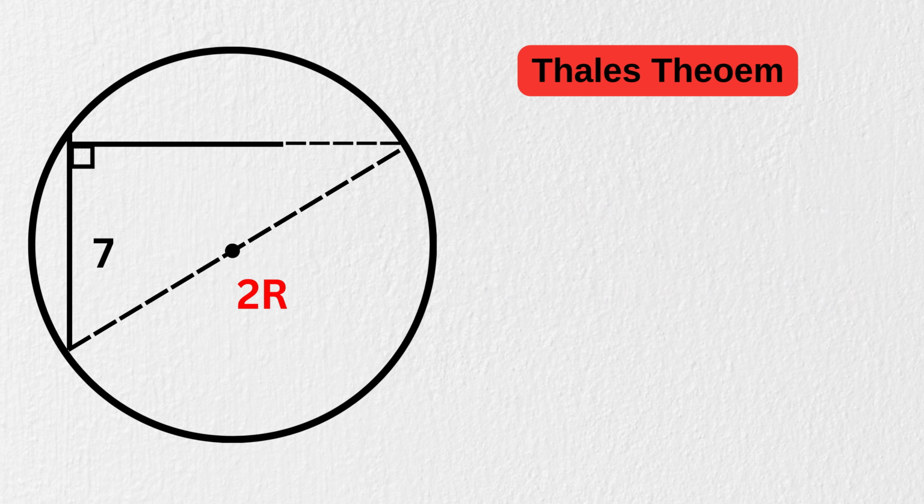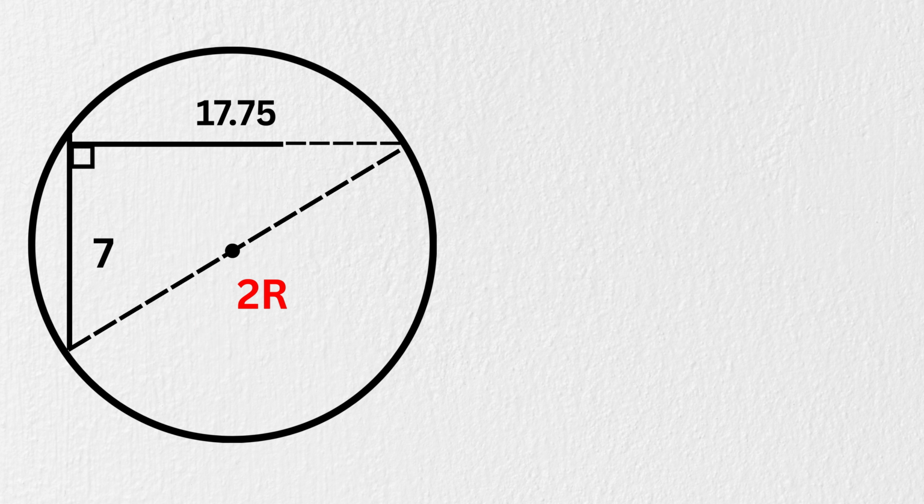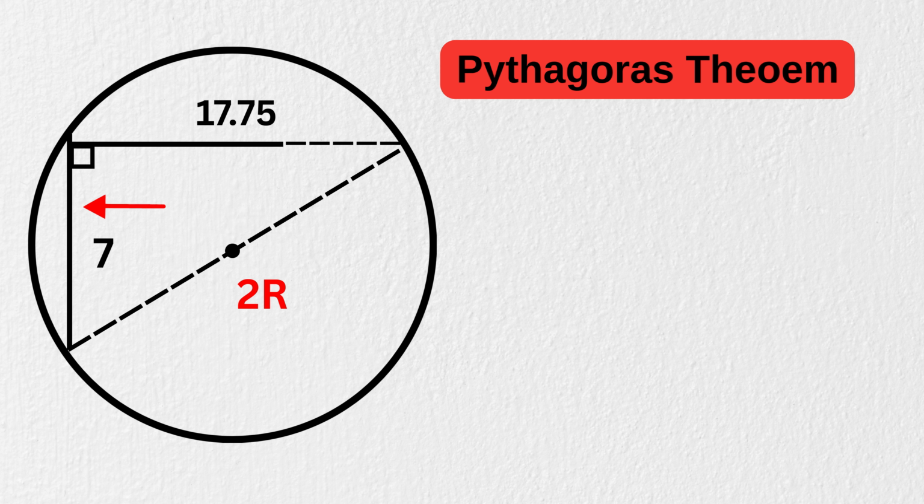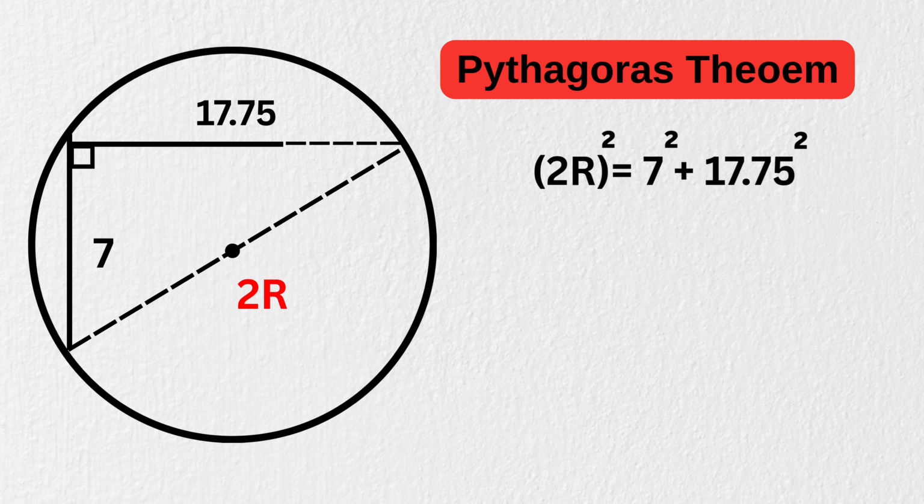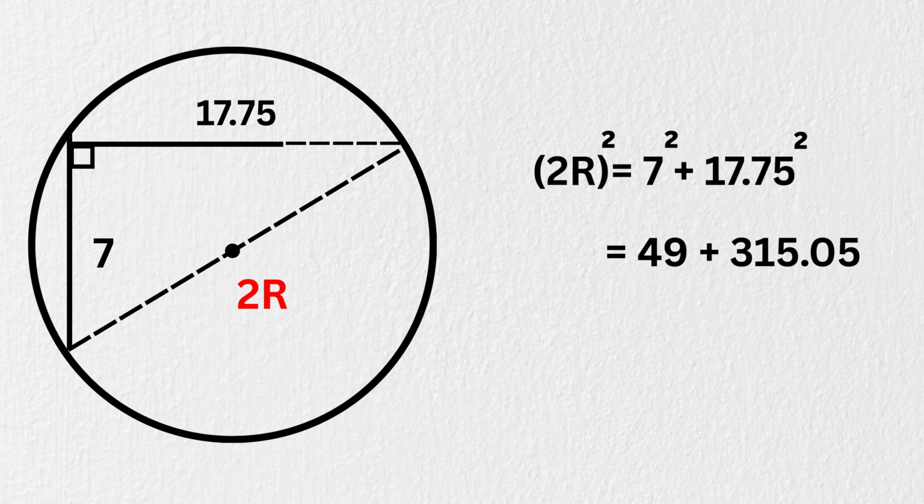But according to the construction, this effective length is actually 17.75. So this hypotenuse will be 2r, and this is 17.75, and this is 7. So we will now use Pythagoras' theorem, so we get (2r) squared plus 7 squared equals 17.75 squared, which gives us 49 plus 315.05, which equals 364.06.